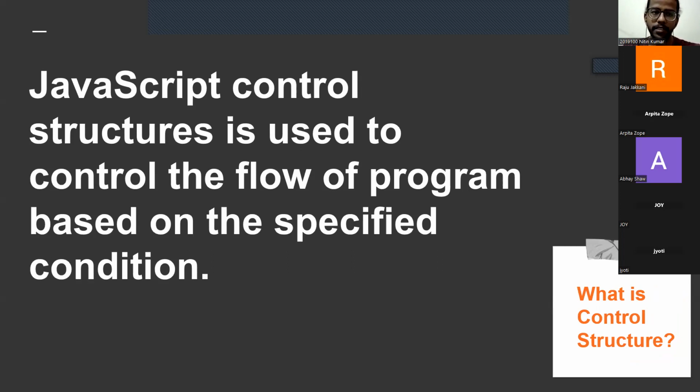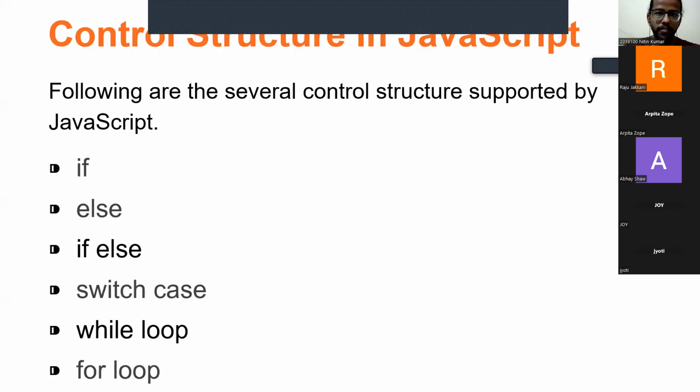So if a certain condition is true, then that block of code will run and the code can be effective and reliable. There are different types of control structure in JavaScript. These are if else, switch cases, while loop, and for loop.